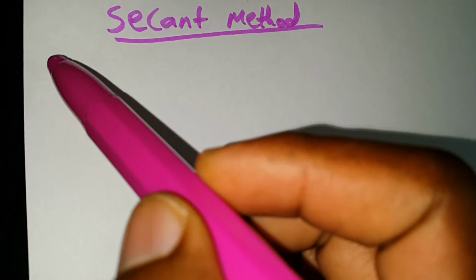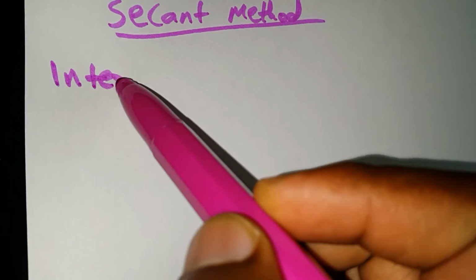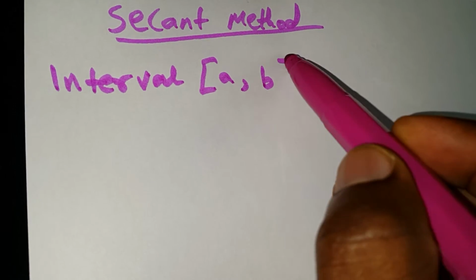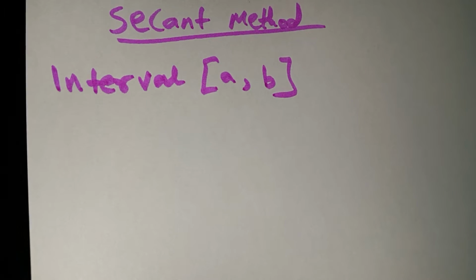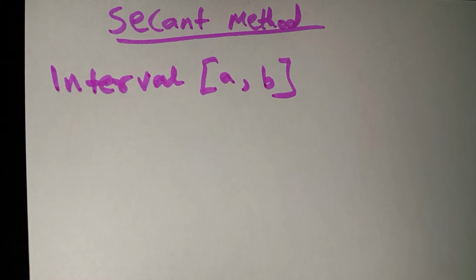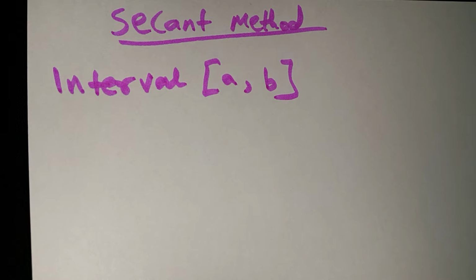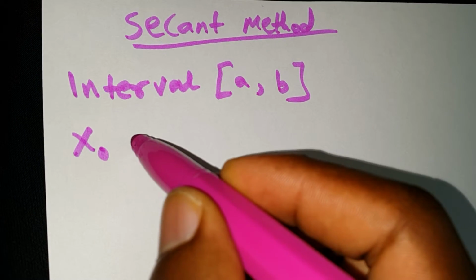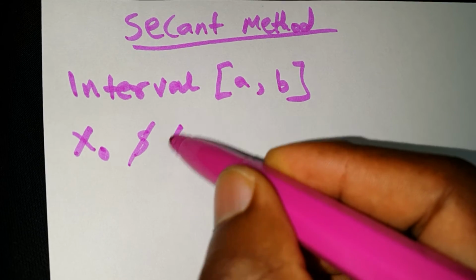In the secant method, the first thing you need to know is the interval. If you are given the interval, you also need to know x0 and x1.